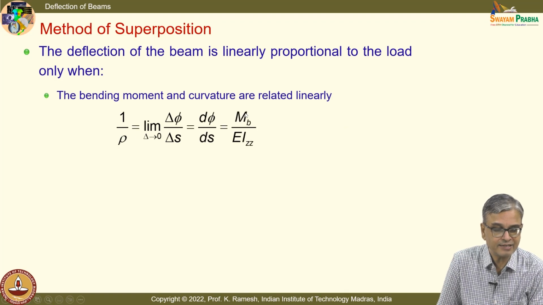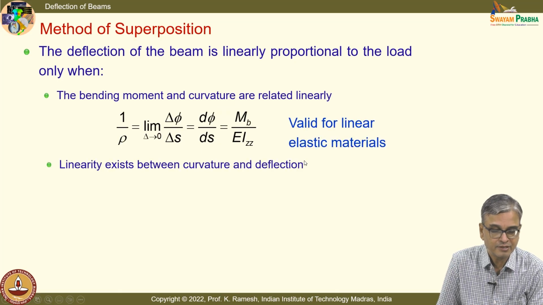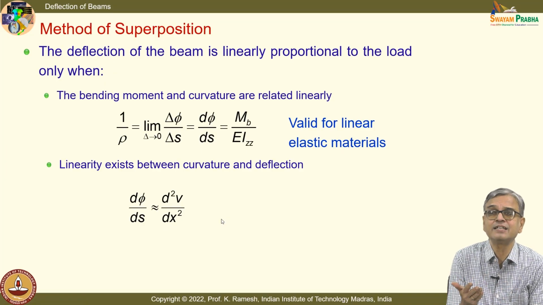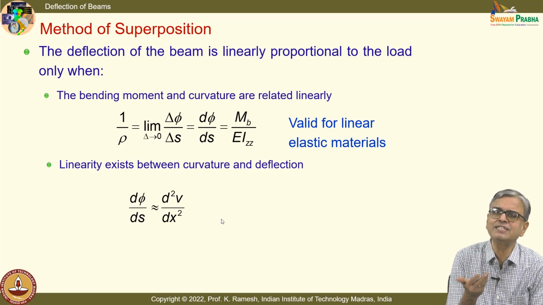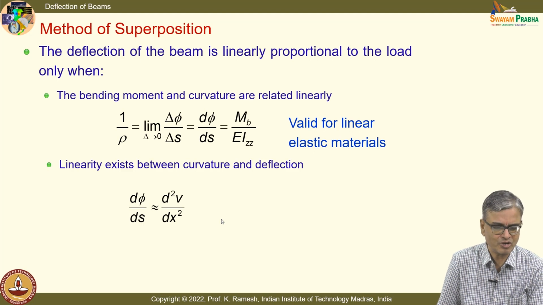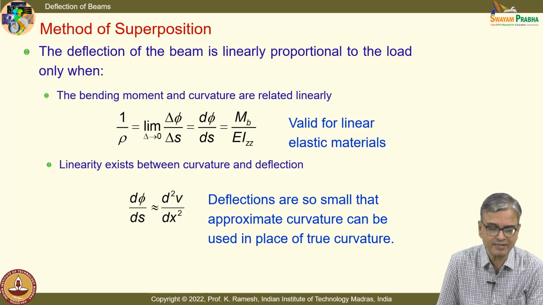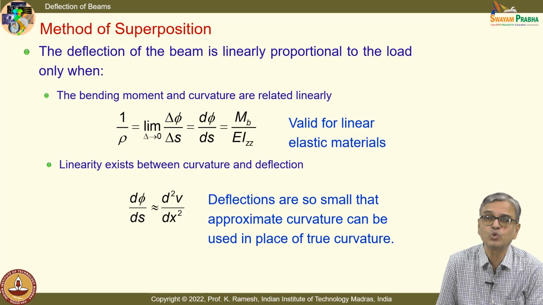And we have already said that we have an approximate expression for the curvature valid for linear elastic materials, and this is an approximate relation, and we have already said when the angle phi is less than 4.7 degrees, the error you make is only 1%. 1% is very small. Deflections are so small that the approximate curvature can be used in place of true curvature. Okay.